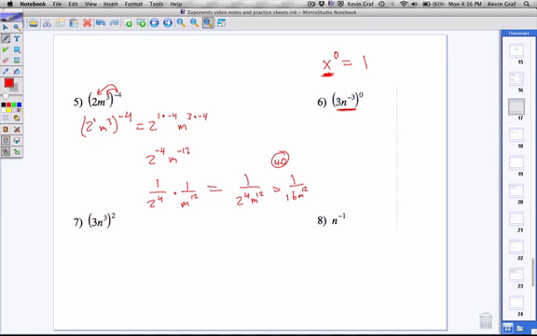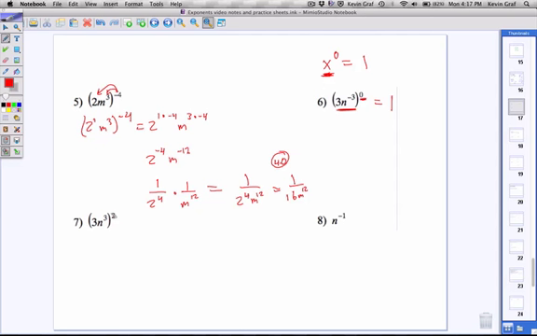And even though there's some confusing stuff and some different numbers in here, the whole thing, because it's in parentheses, is taken to the 0 power, which means that this whole thing is just 1. We could go through all the steps and do 3 to the 0 and n to the 0 and all that, but everything is just going to be to the 0, which means it's just 1.